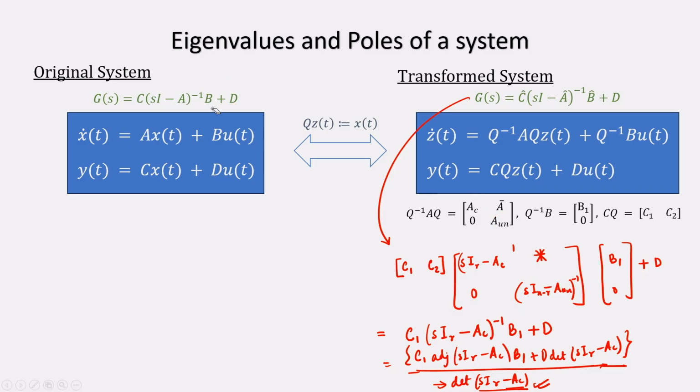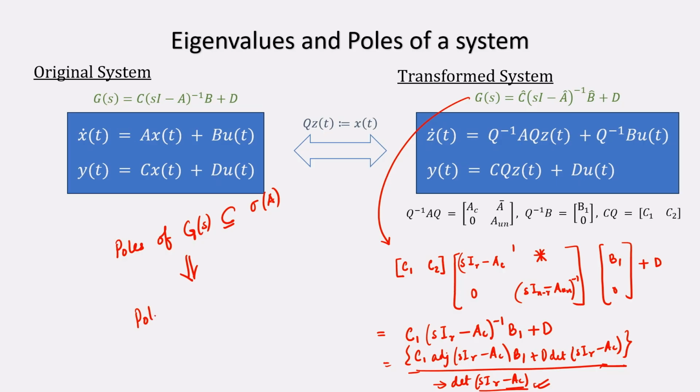So, there are two things that we can tell about the poles of the system and eigenvalues. One is that the poles of G(s) will be a subset of the eigenvalues of A. Not only that, I can make it better.